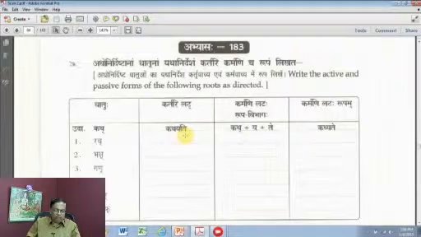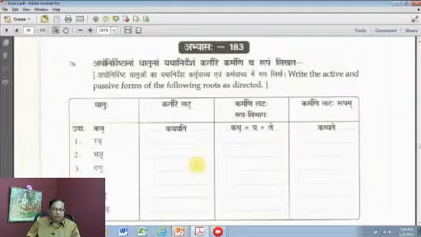How it is formed you have to show. Okay, you can start. Racha, rachayati. Racha plus ya plus te becomes rachyate in the present tense third person.